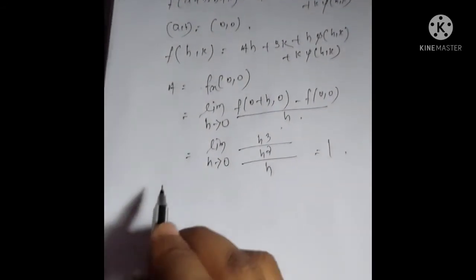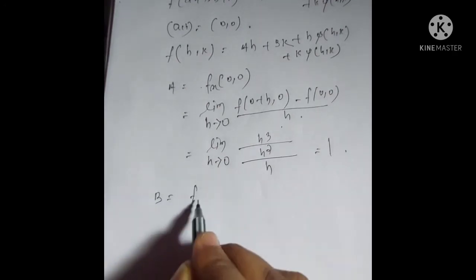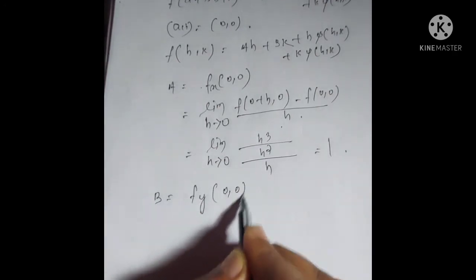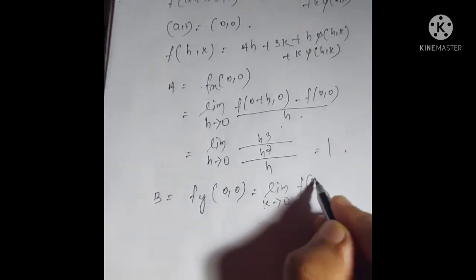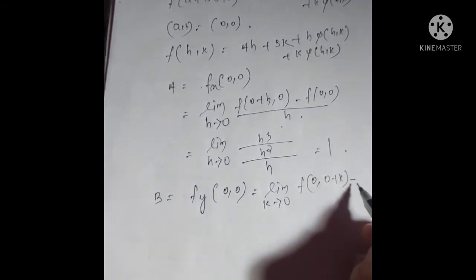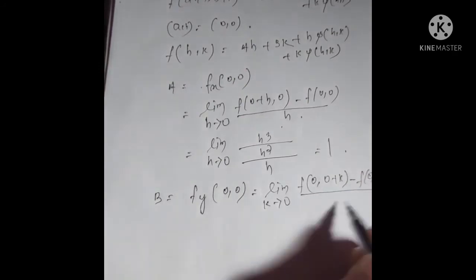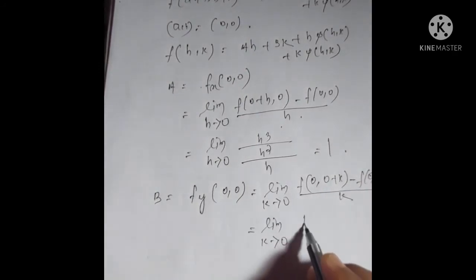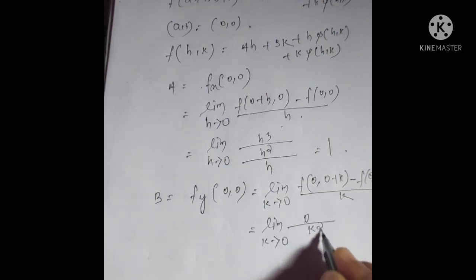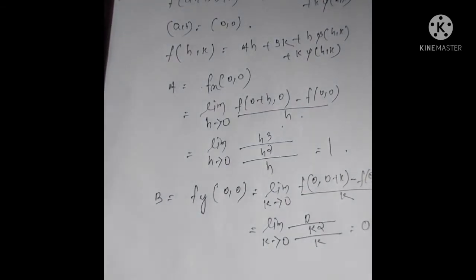And b is equal to the partial derivative with respect to y at origin, which is equal to the limit k tends to 0 of f of (0, 0 plus k) minus f of (0, 0), whole divided by k, which is equal to the limit k tends to 0 of 0 by k square, by k, which is equal to 0.